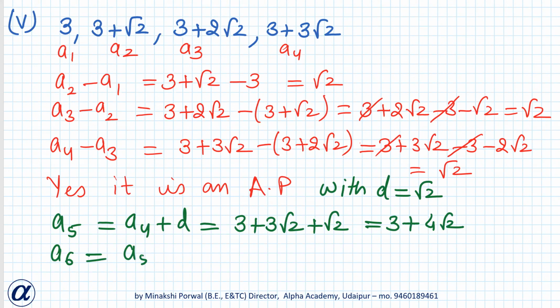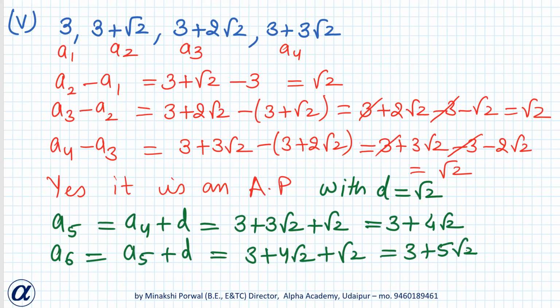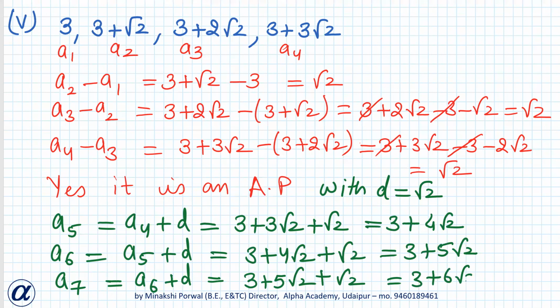A6 equals A5 plus D, that is equal to 3 plus 4 root 2 plus root 2, that is equal to 3 plus 5 root 2. And A7 equals A6 plus D. Okay, so that is equal to 3 plus 5 root 2 plus root 2, that is equal to 3 plus 6 root 2. Okay, so next terms are this, this and this.